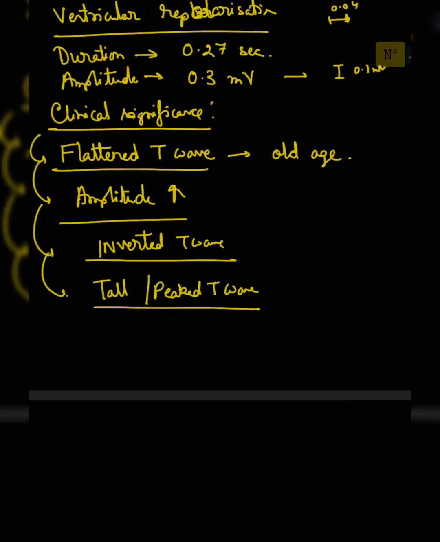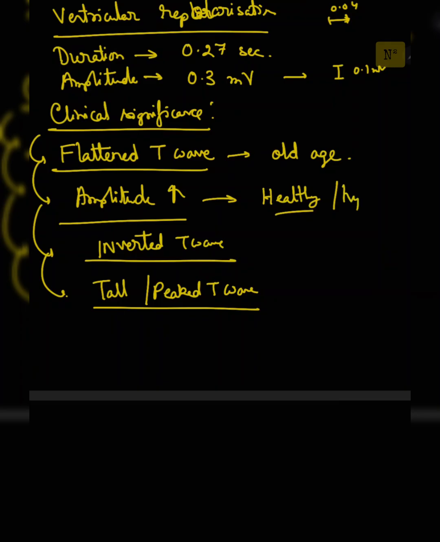Now increased amplitude is also seen in certain healthy persons. Physiologically it is also present in those persons. Sometimes it is also present in hyperkalemic conditions. Hyperkalemic, that means if potassium ion concentration is more in the blood, then also you will get higher T waves.